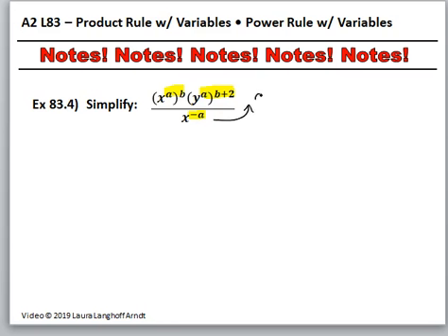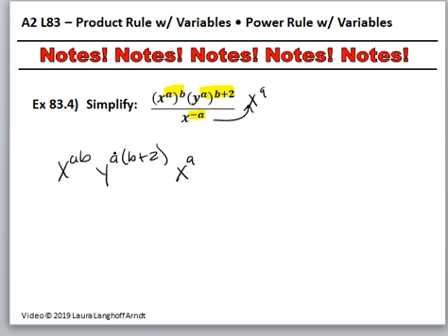We're going to make it x to the a, because remember that changes its sign. So we have x to the ab, y to the a times b plus 2, and x to the a.